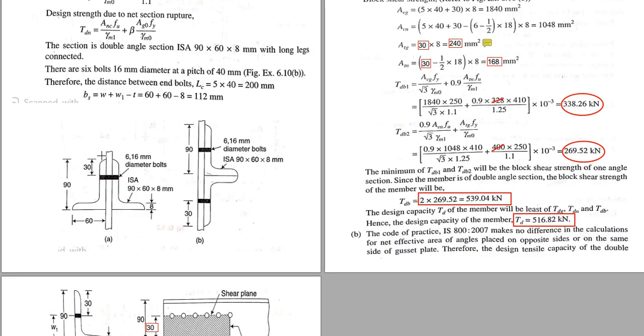Also, from this edge to the bolt, this is 30 millimeter. That means in the longer leg, from this root to this bolt, this should be 90 minus 30, that means 60 millimeter. Here also, if this is 30, this should be 60 millimeter, from this root to the center of the bolt.